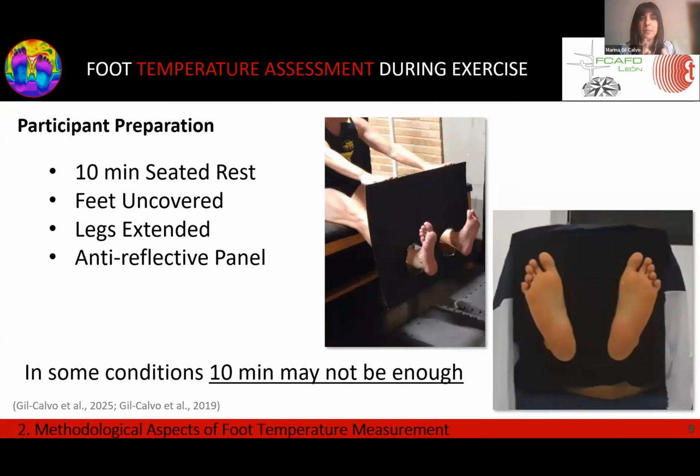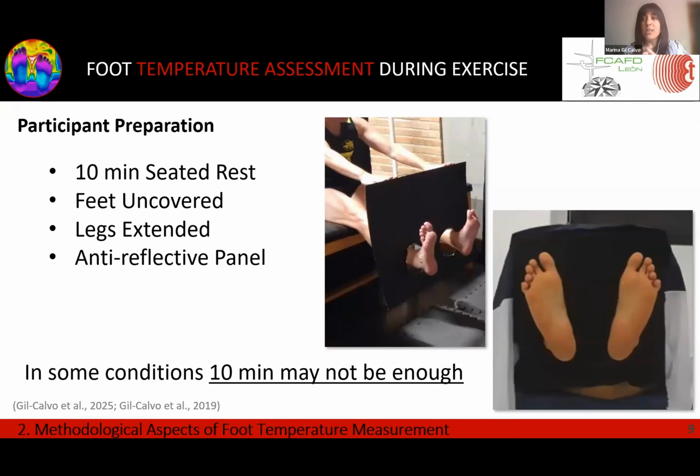In some conditions, 10 minutes may not be enough to establish a stable baseline of the temperature. For example, if there is a large difference between outdoor temperature and the temperature in the room, a longer acclimatization period, up to 15 minutes, may be required.